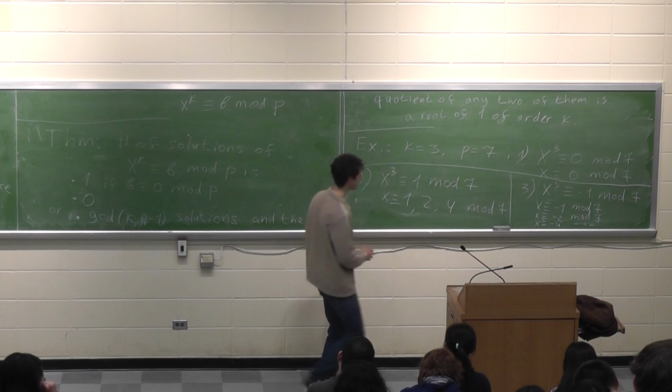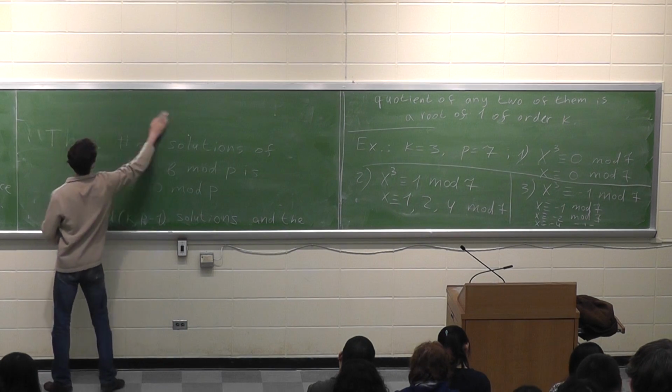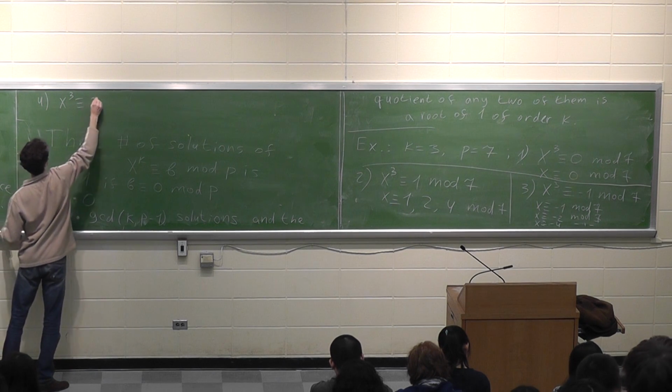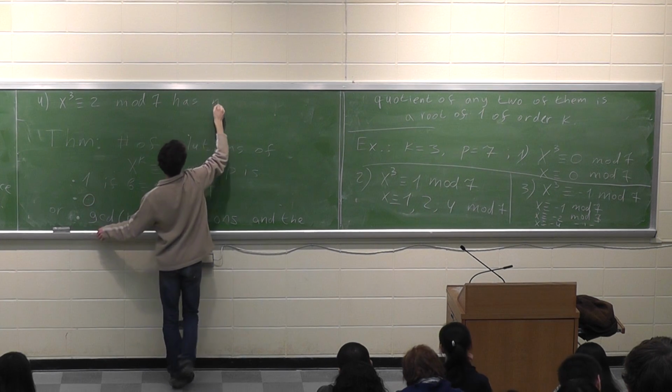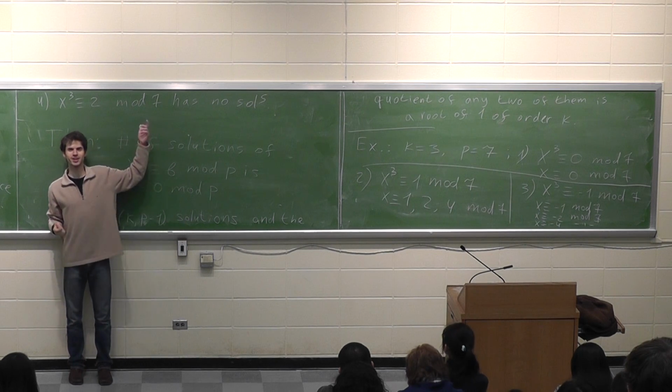Well, and finally, x cubed is congruent to 2 modulo 7 has no solutions. Does anyone see why?